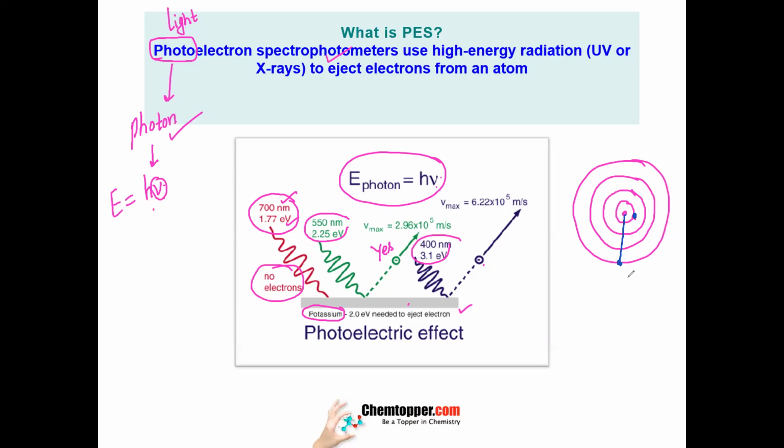So the energy of the electron depends on two factors. First, distance from the nucleus. Second, stability of electron configuration.